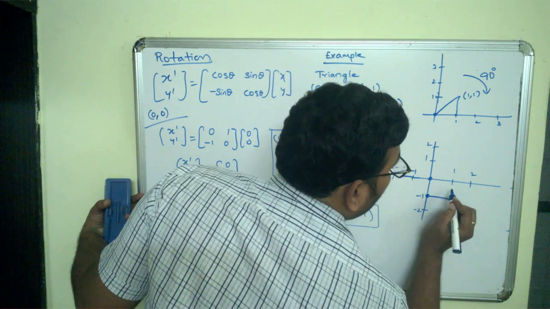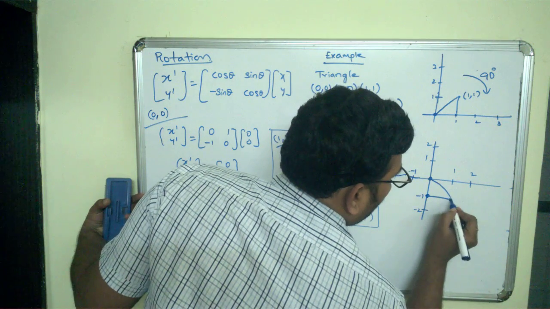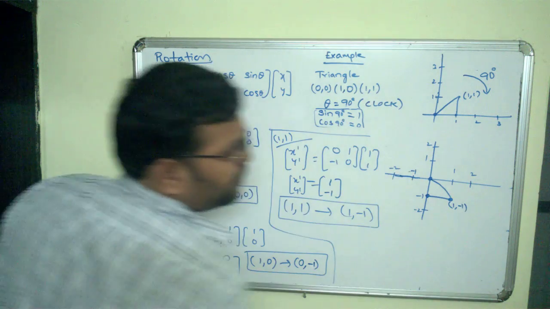So the triangle becomes, so this is 1 comma minus 1.